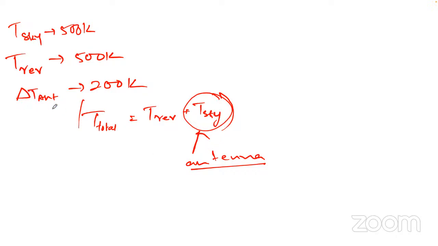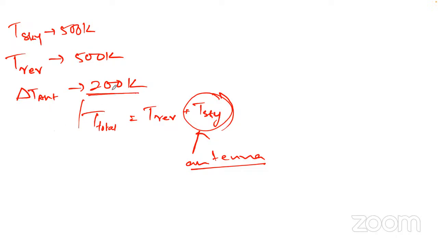Now what is happening? You are looking at the source, there is a sky also, but you are pointing towards the source of 2 arcsecond, which has 5000 Kelvin temperature. So T ant, the incremental temperature in the antenna, is 200 Kelvin.